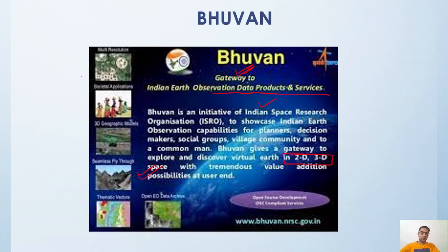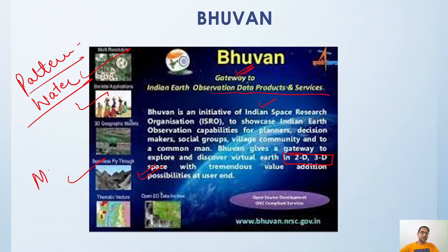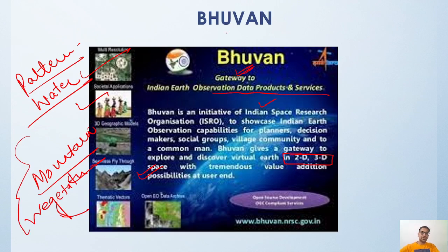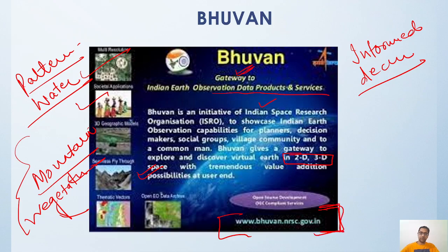It will be helpful for vegetation, finding out water bodies and the patterns and quality of water bodies, then mountains, the type of mountain, the slope of a mountain, and various types of vegetation. All this you can track from here, and based on that, informed decisions can be taken. If you want to find out, you can go to www.bhuvan.nrsc.gov.in and you will find important information there.